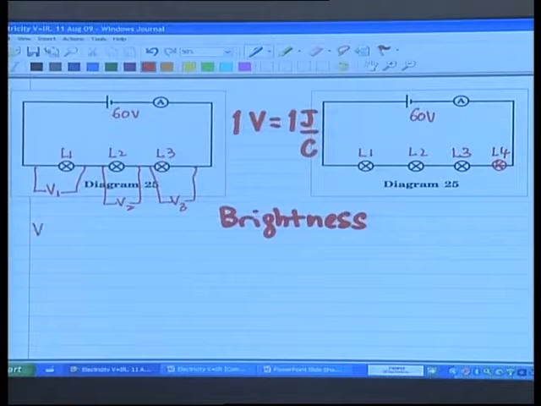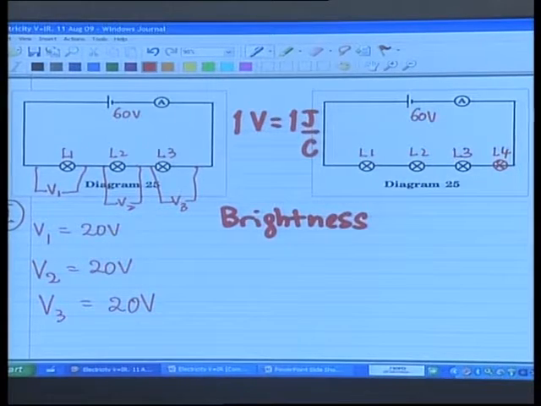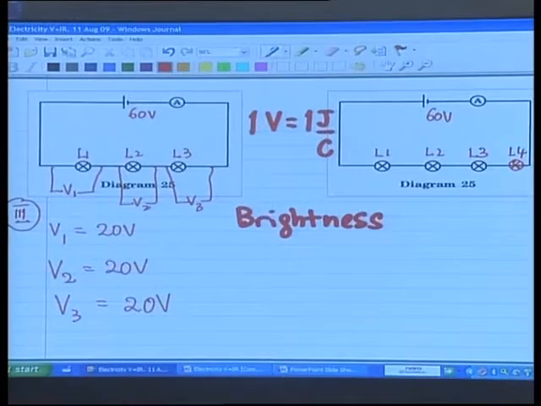You would know that V1 here is 20 volts. V2 equals 20 volts. And V3 is also equal to 20 volts. So in diagram 1, or I should call it 3, in order not to confuse the first two, in diagram 3, you notice that you have 20 volts for each light bulb.